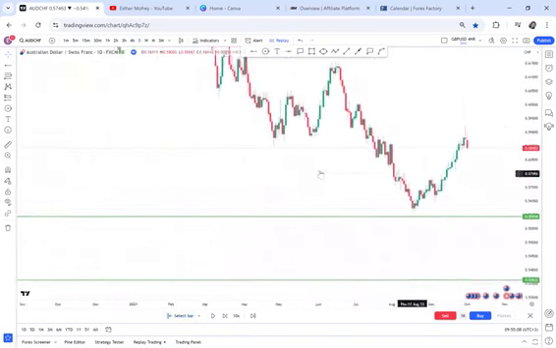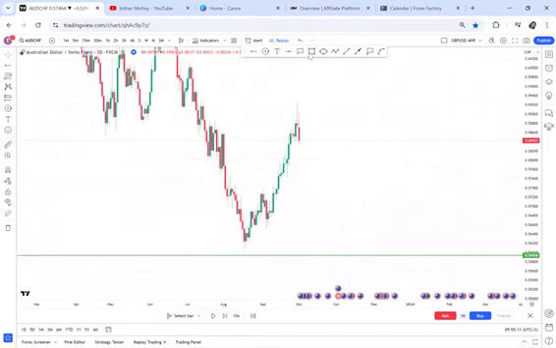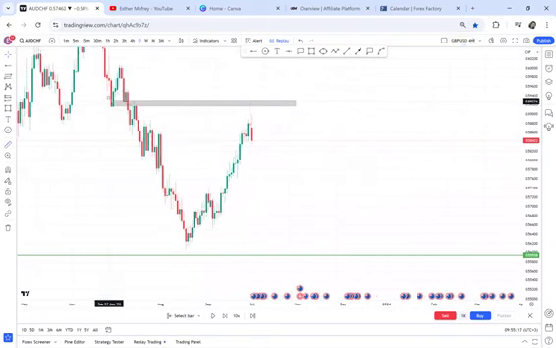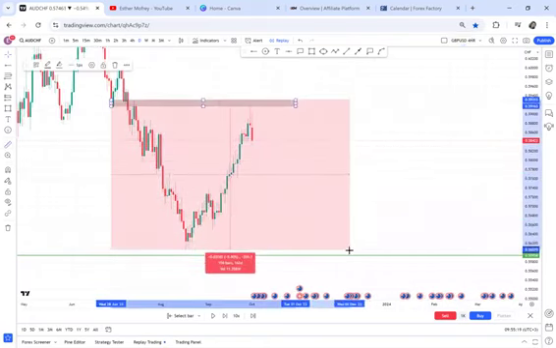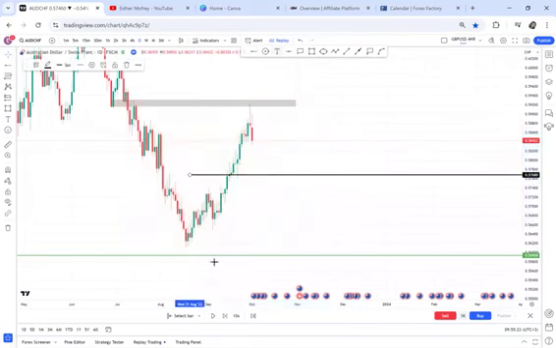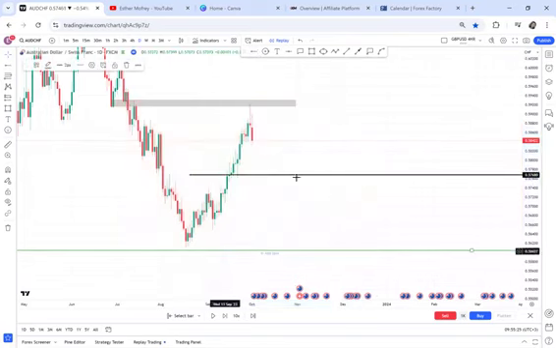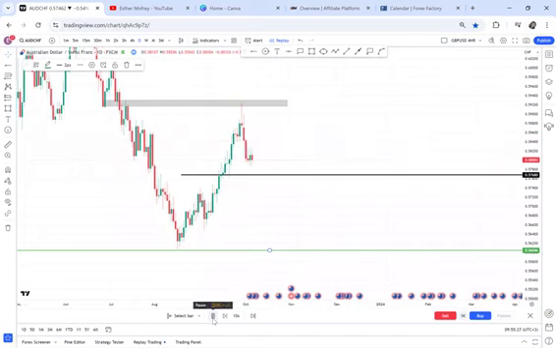We had this double top. You can see this double top. Let's see what happens to the half. So this was our half, you can see, and this is our neckline. So let's see what happens to the half.